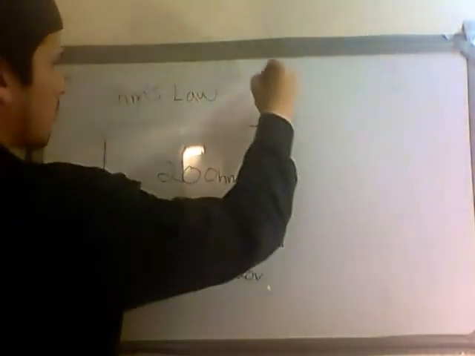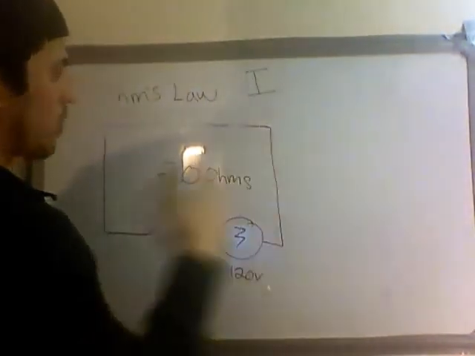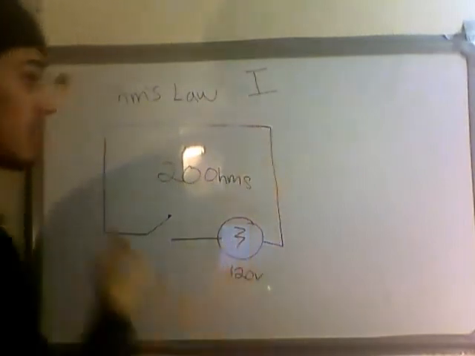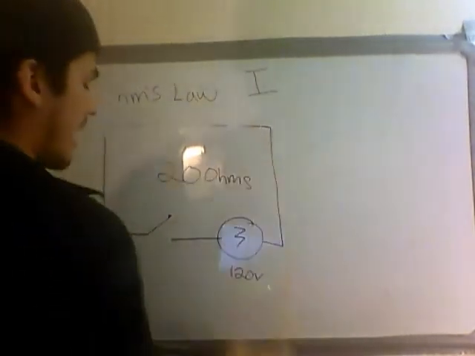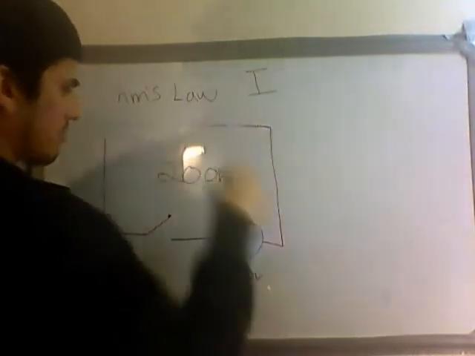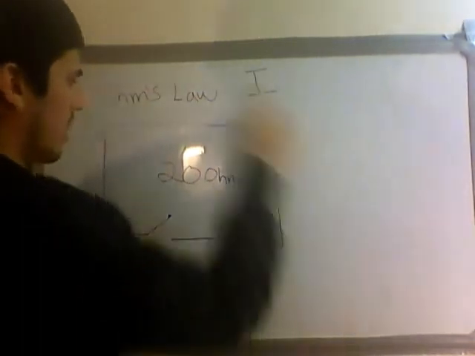And the way Ohm's law works is, if you have two knowns and one unknown, you can solve. But if you're missing a known, for example, if I only had voltage but I didn't have ohms, I couldn't solve for the other two. You need to have two knowns in order to solve for the unknown.